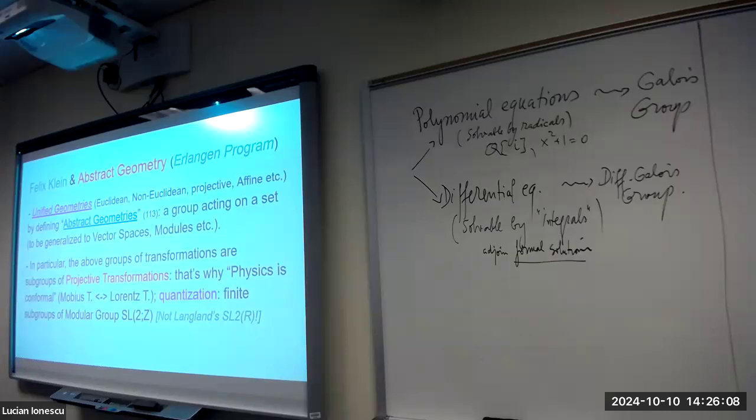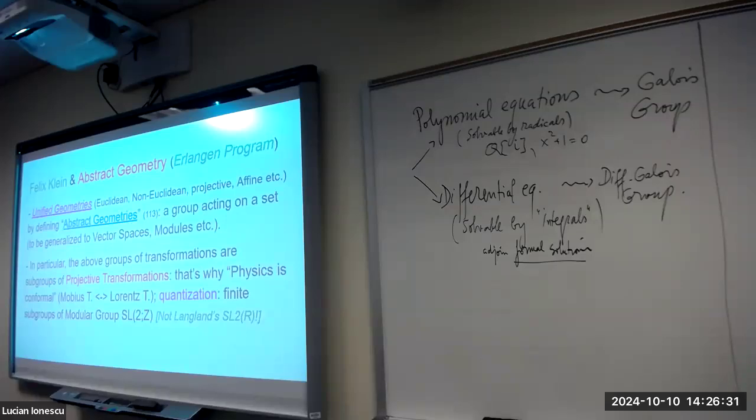Later I will share with you that I was looking for partnerships in such developments, and for example, Felix Klein was a friend of Sophus Lie. So Felix Klein started this research and development to unify geometries inspired by Galois.